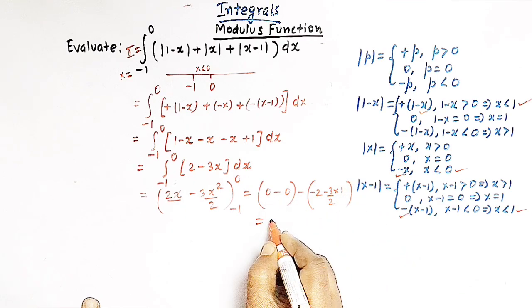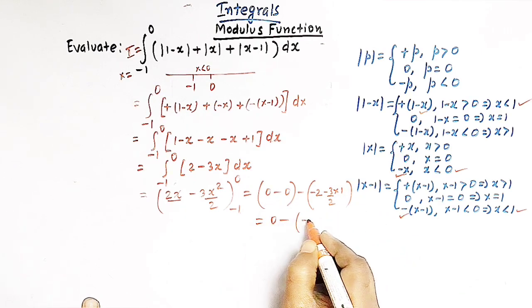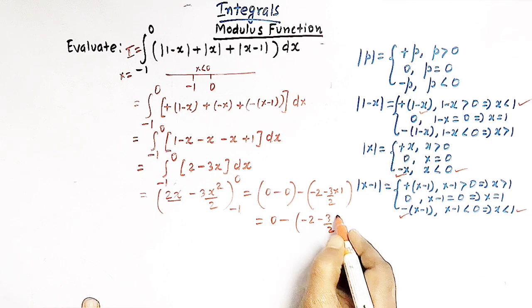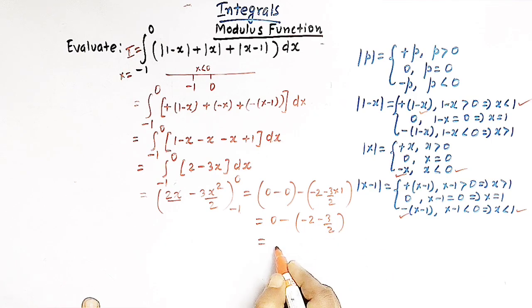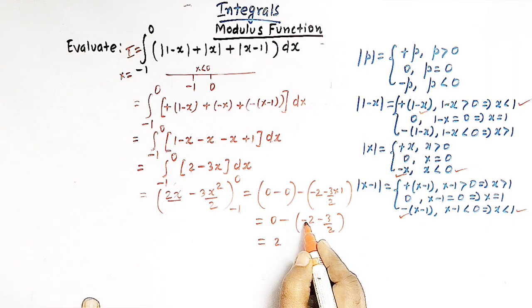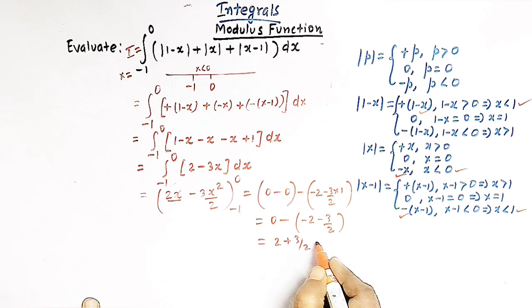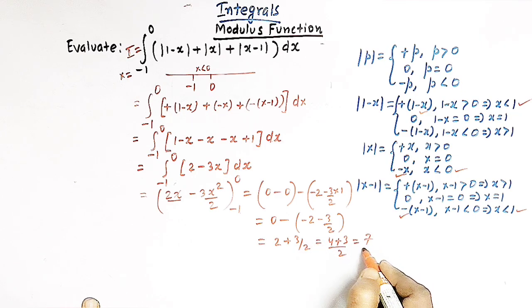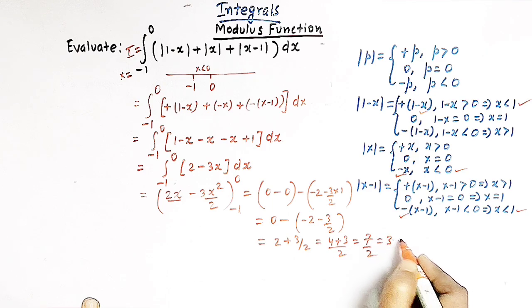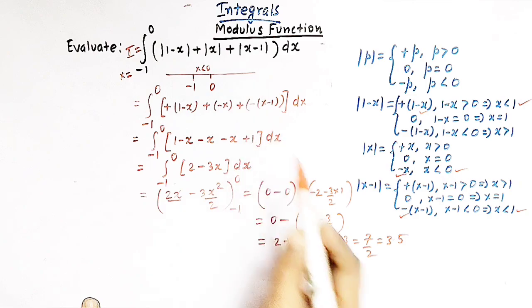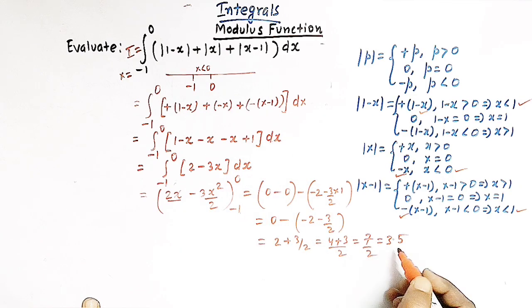So this is 0, and we have minus, and this is minus 2 minus 3 over 2, and this is plus 2, multiplying these two numbers by a negative sign. So we have here a plus 3 over 2. So this is 4 plus 3 over 2, that is 7 over 2, that is 3.5, right? So the value of this integral is equal to 7 over 2, or 3.5.